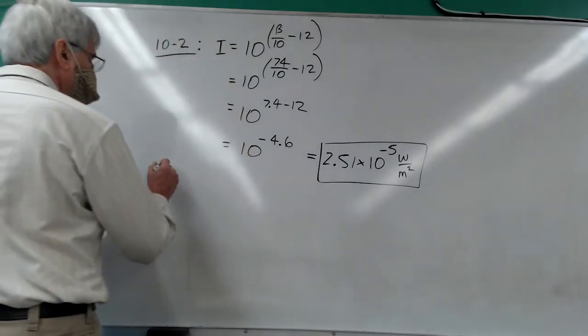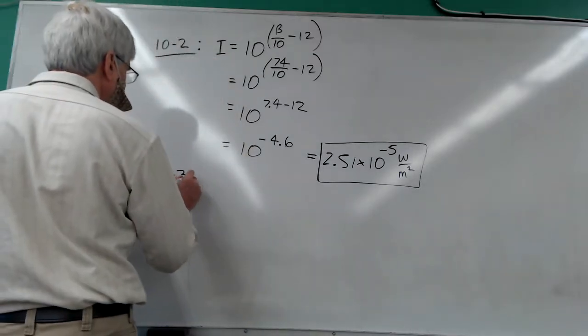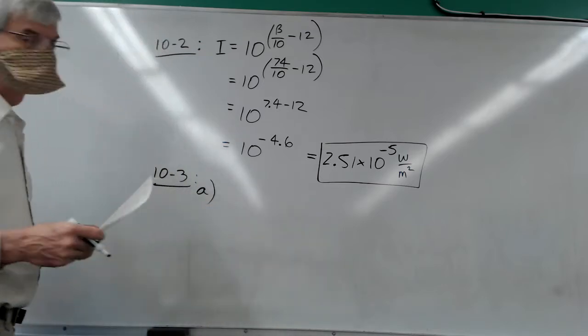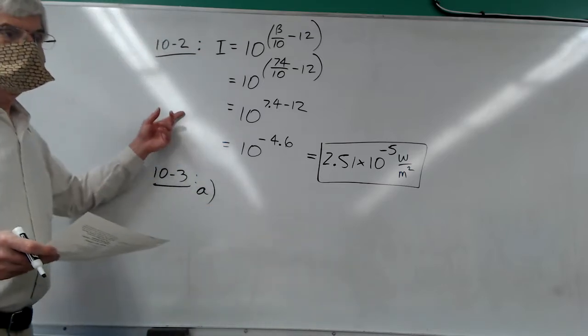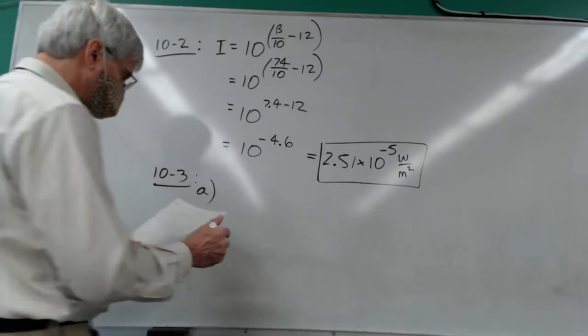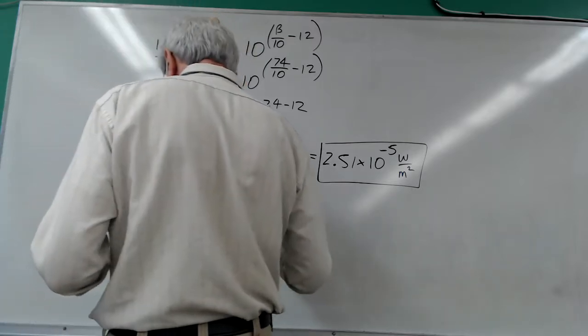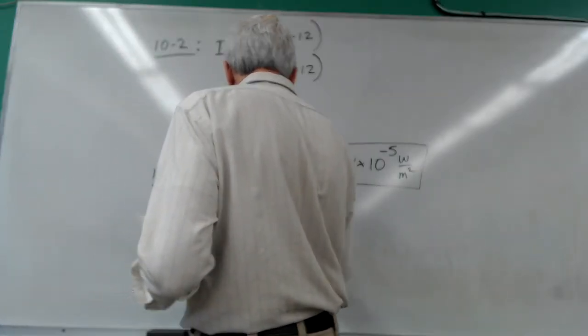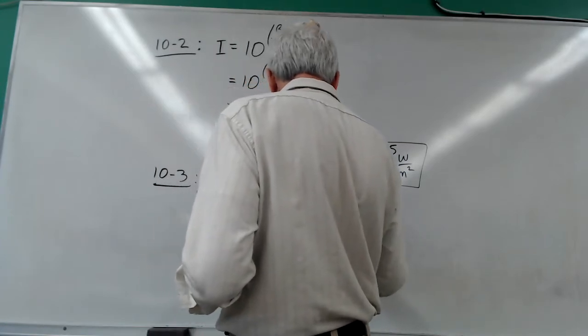So to begin with, part A, same thing I just did, but with different numbers. 10 to the 80 over 10 minus 12.